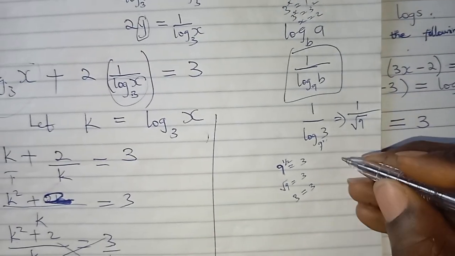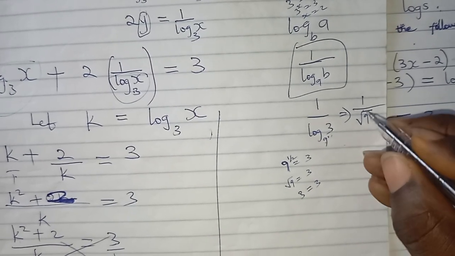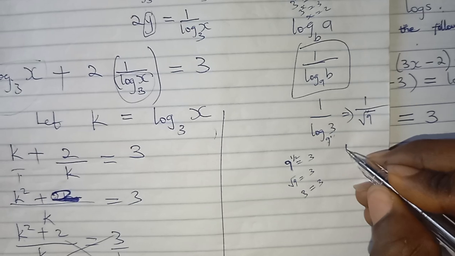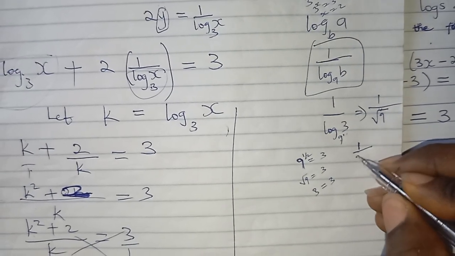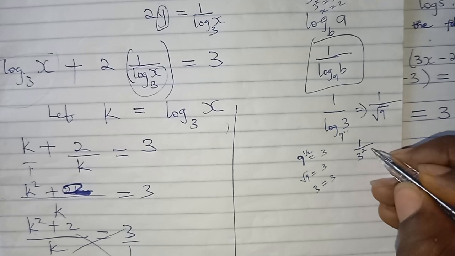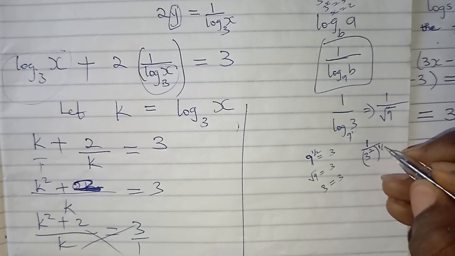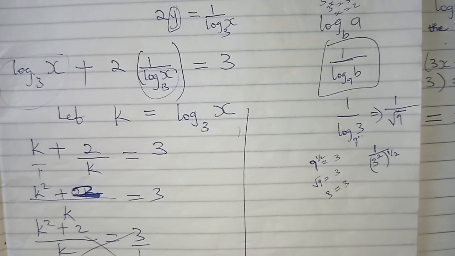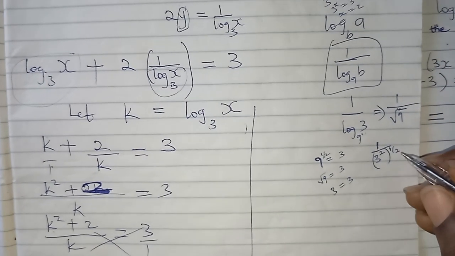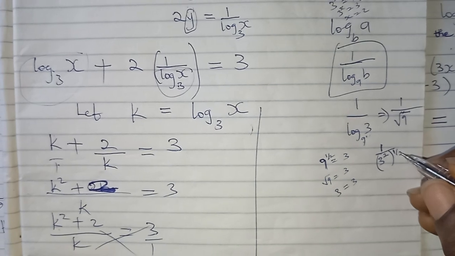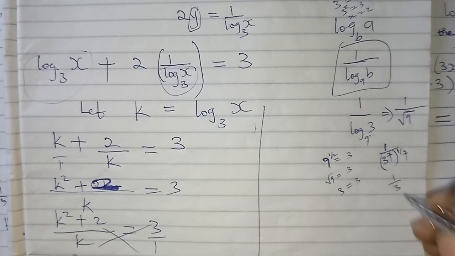Okay. And this is now going to be the same thing as saying 1 over 3 raised to power 2, raised to power 1 over 2, which is going to be the same thing as saying 2 cancel 2, 1 over 3.